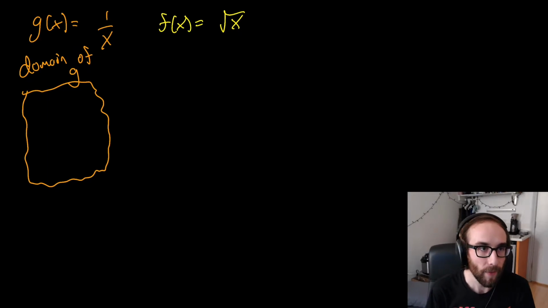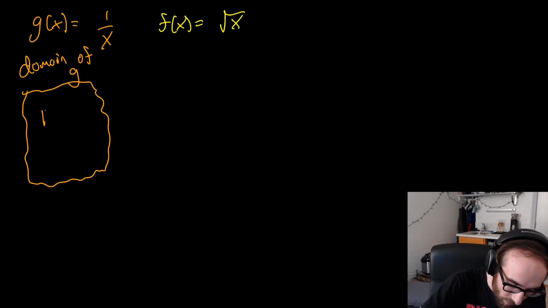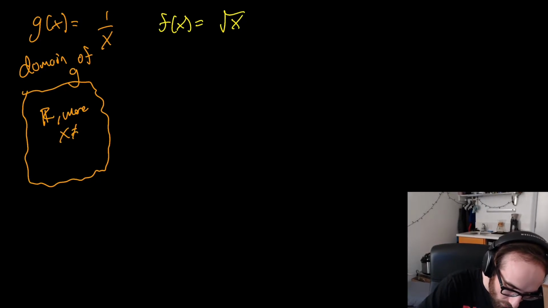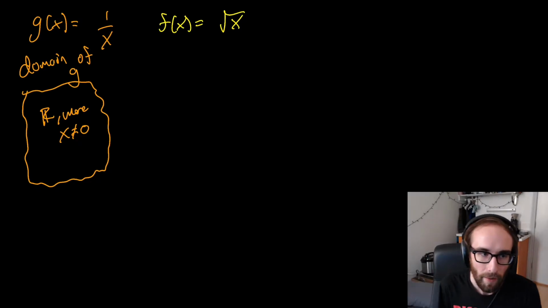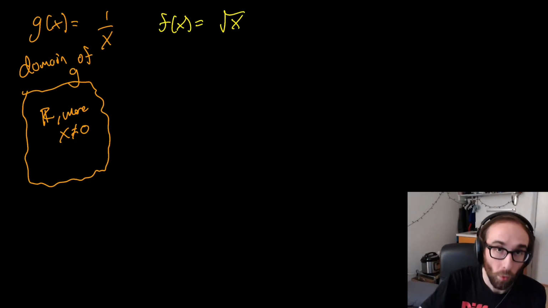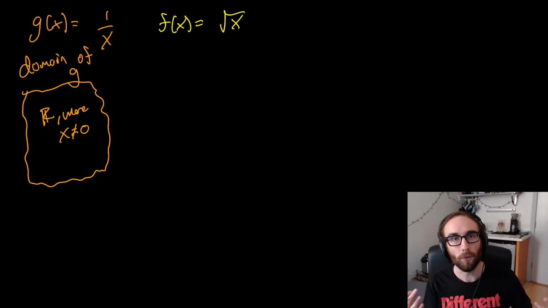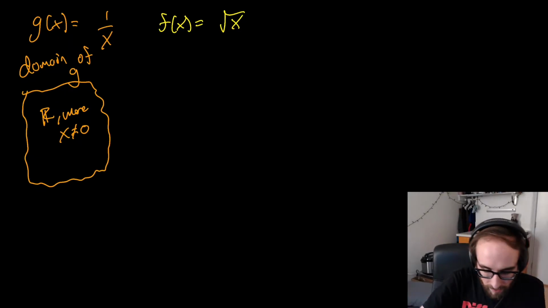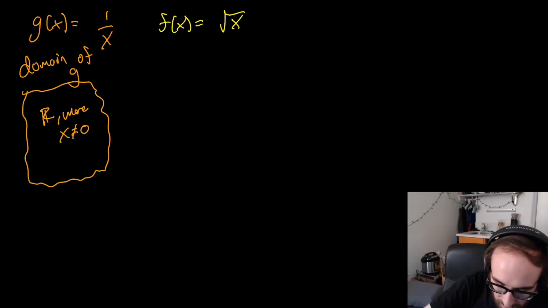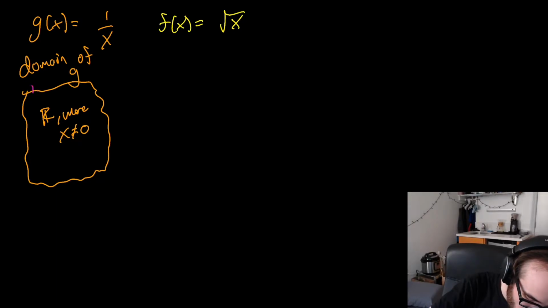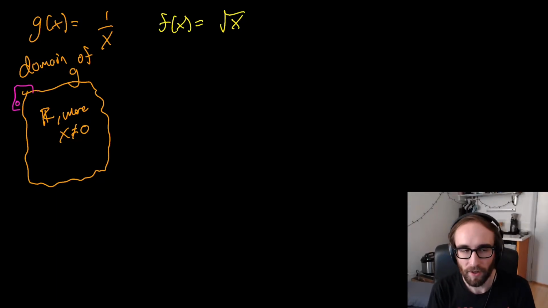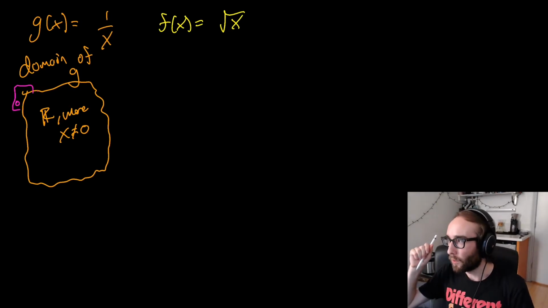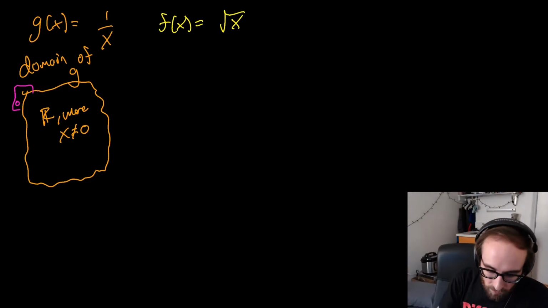We know that the domain of g of x is going to be all real numbers where x cannot be equal to 0. So we know we can't plug in 0 because we're dividing by 0. So this orange blob over here, we can think of the set of all real numbers, except 0 isn't included. So on the outside, maybe over here, set of all real numbers, and then we have 0 by itself outside of the domain.